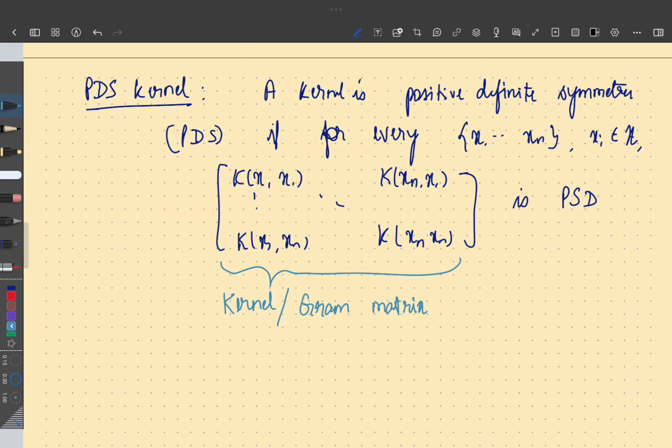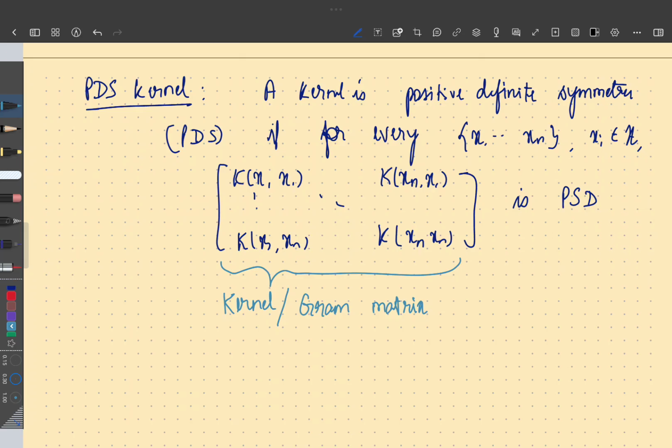So if K has to correspond to an inner product between some psi of xi and psi of xj, then clearly this matrix should be positive semi-definite for every x1 through xn. Right? So remember, at this point, a kernel is an arbitrary function. If the kernel corresponds to an inner product between the embedded points in the feature space, then it's an actual inner product.